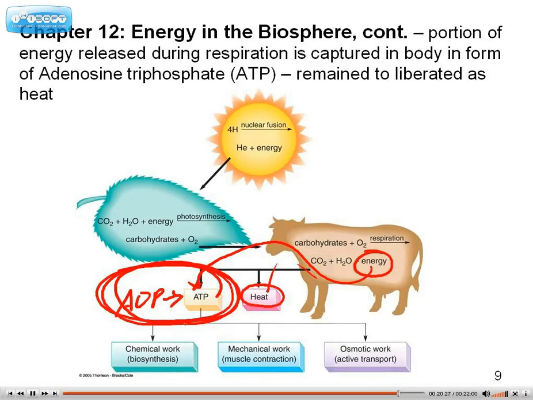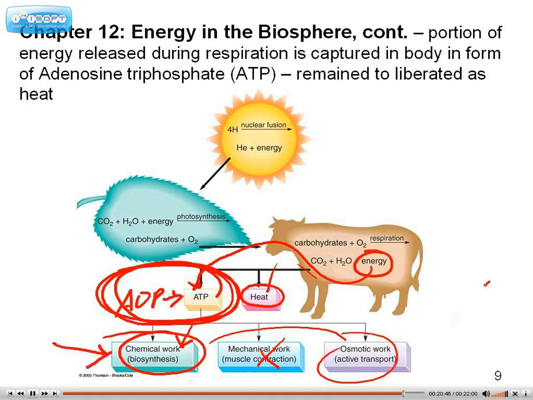The one we're going to focus on most in this class is biosynthesis. We're going to get a little bit to this one right here, but we're not going to touch motion. The motion they're referring to is muscle contractions for your muscles, but we're not going to focus on that one. We'll definitely focus on biosynthesis, and later on we'll start getting into active transport just a bit.